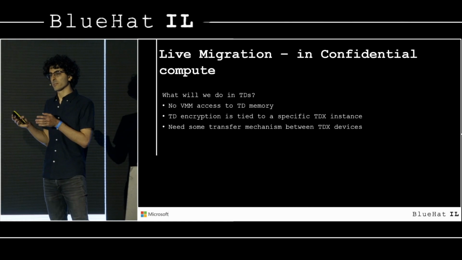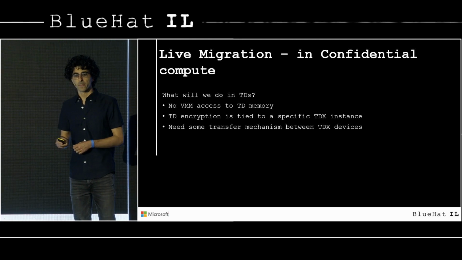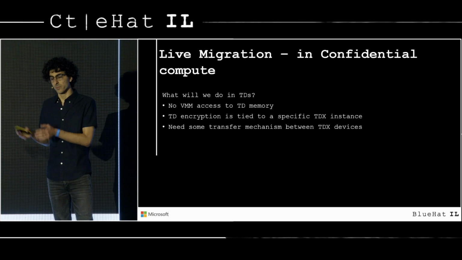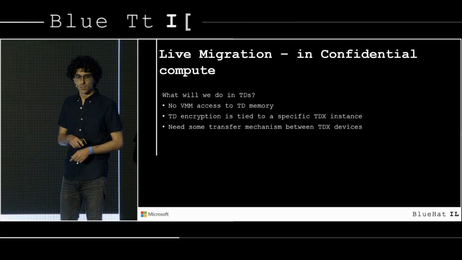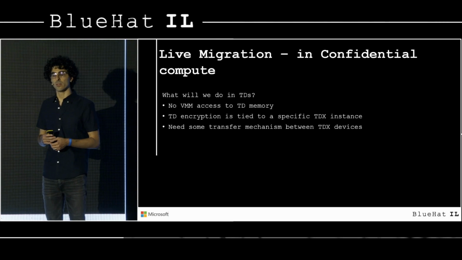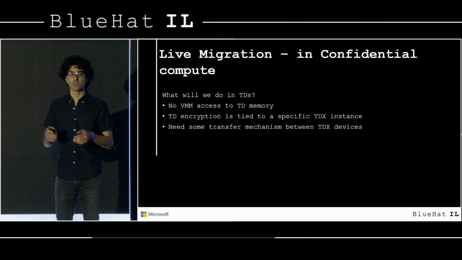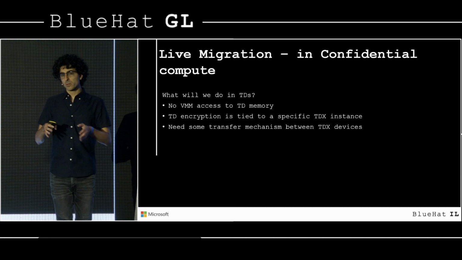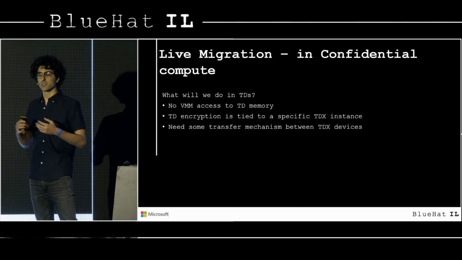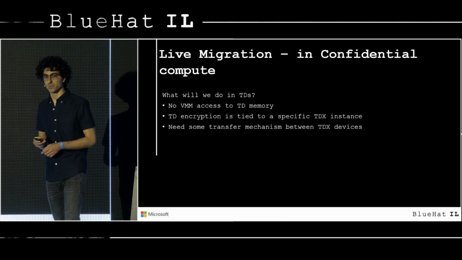Now, obviously, this is a problem for confidential compute, because we can't have the VMM access our confidential VM memory, TD, in TDX case. And even if the VMM could access the actual encrypted state of the memory, that encryption is tied to that specific TDX case, so the destination device won't be able to decrypt it.